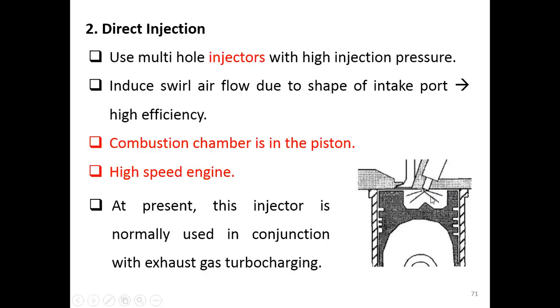So the combustion happens in the piston, not in the cylinder. The air and the fuel, everything will fall into this combustion chamber here. And this direct injection method is good for the high-speed engine.